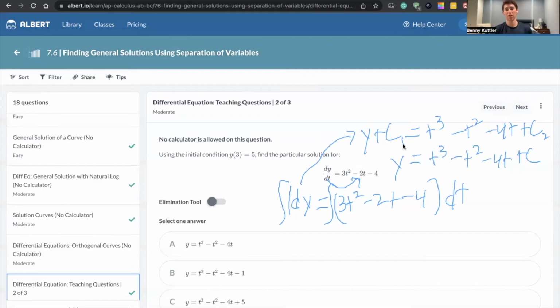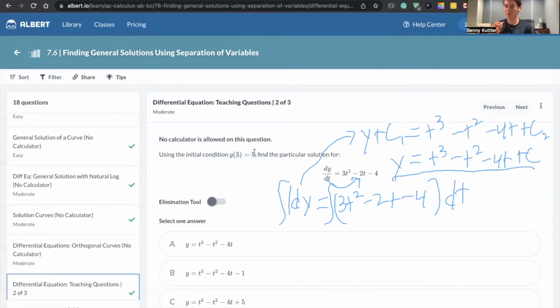We don't really care what the constant is right now, but we will in a second. So now, once we have this function, we have to plug in the initial condition that they give us. This is a general solution, but we want to find a solution with this initial condition.